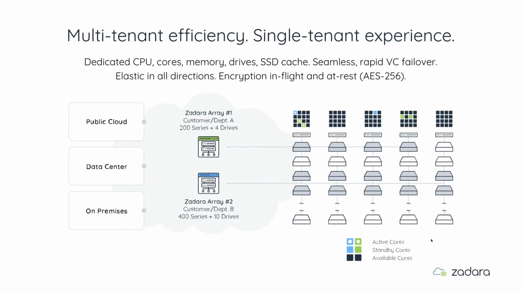Tenant number 1 has his or her own drives, own CPU cores and memory running the storage stack. And the same is true for tenant number 2, who again has dedicated drives, dedicated CPU, dedicated memory. So these 2 arrays, which are full-fledged storage arrays with all the features that we mentioned before, from RAID protection to snapshots, replication, etc., are entirely and perfectly isolated from each other.